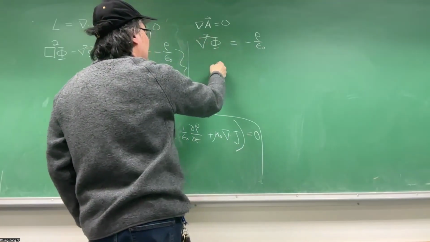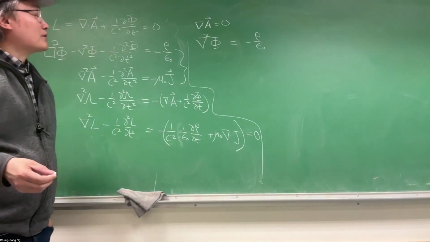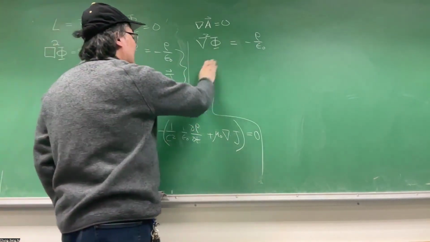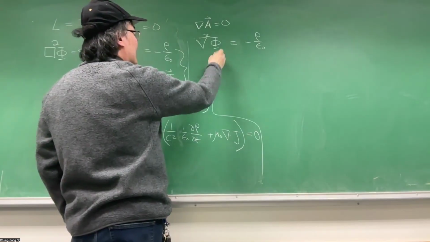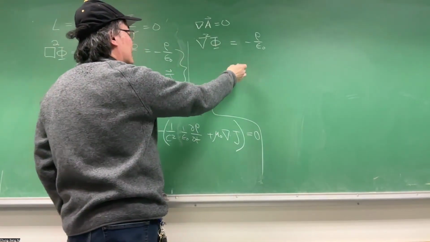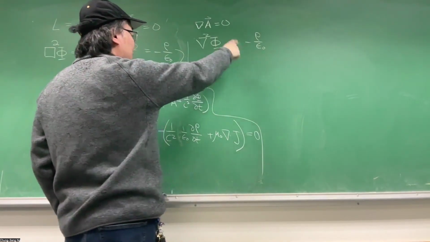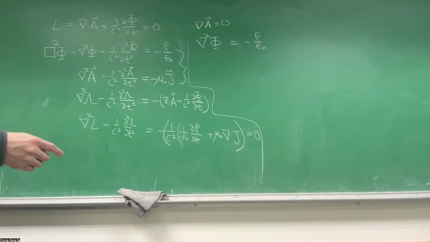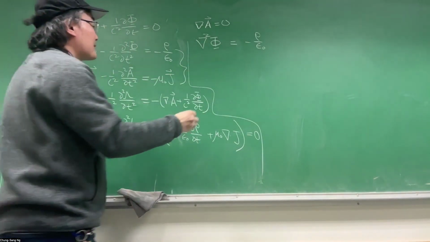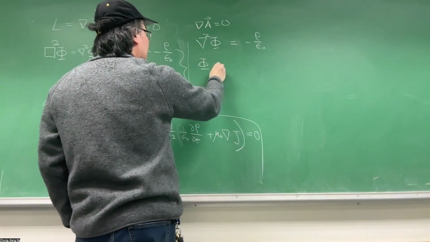You're just doing a spatial derivative, so the Laplacian operator is still the same. The Green function for it is still the same, so the solution is still the same, assuming that you have a localized charge density. Then you can write out the solution.